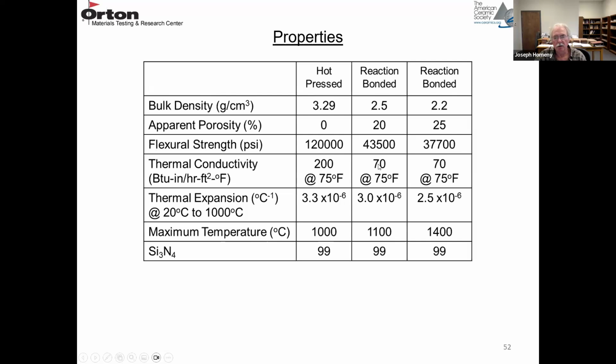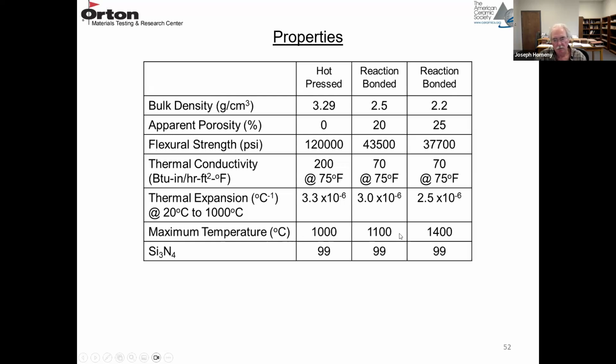These are the conductivities in the BTU units, 270 and 70. So the hot press material is a really highly conductive material. And then the expansion coefficients, the average between 20 and 1,000 degrees C, are only about 3. So these are pretty low, and that gives rise to the excellent thermal shock resistance.